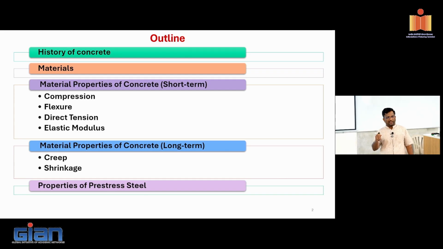And most of the time, the design of pre-stressed elements which are longer in span is governed by the serviceability criteria, 90% I can say. Hardly does the ultimate strength govern the design, maybe very few times, for two-way shear or punching shear. Otherwise, it is the serviceability, the allowable stress levels, and the cracking and deflection that control the design. So we will talk about some of these aspects that also play a role.